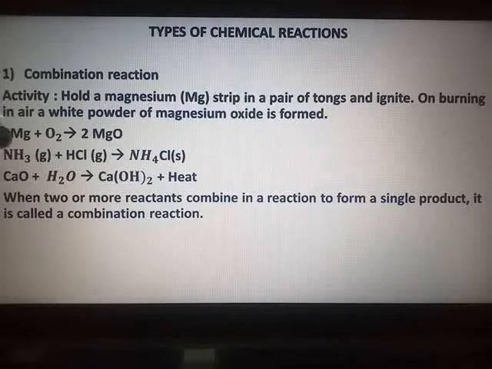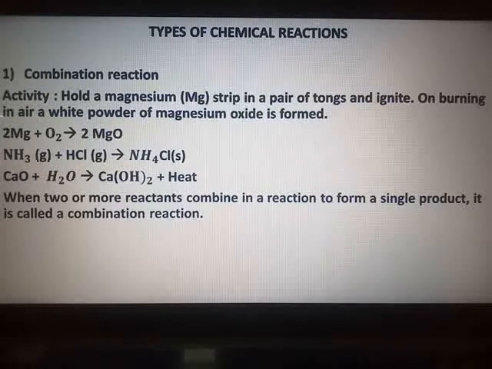In short, magnesium ribbon combines with oxygen from the air on burning, forming magnesium oxide. Then you write the balanced equation. If somewhere your balancing goes wrong, then you will not get a single mark for the equation. This is one way. Secondly, they can give you any half of the equation.